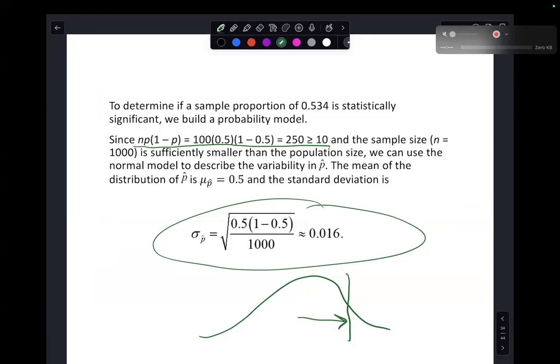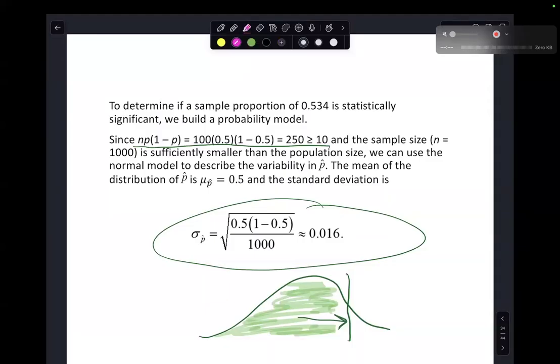So this tells me that I am supporting my null hypothesis as long as the probability of my sample proportion lands in here somewhere. If it lands in there, I'm good. I'm supporting my null hypothesis.